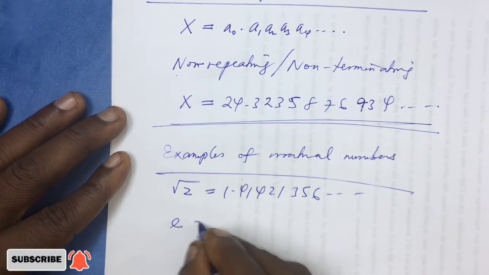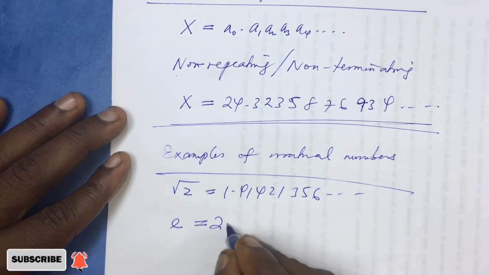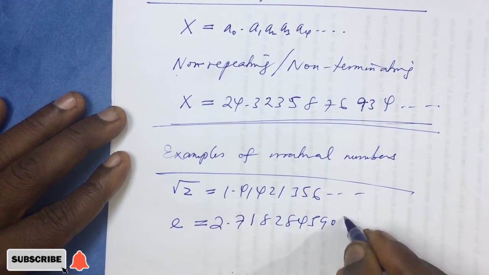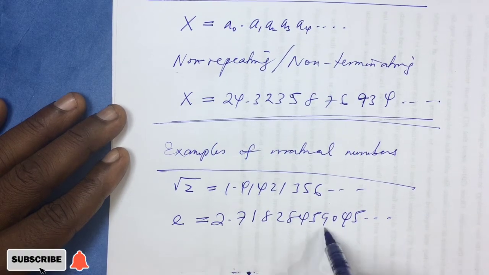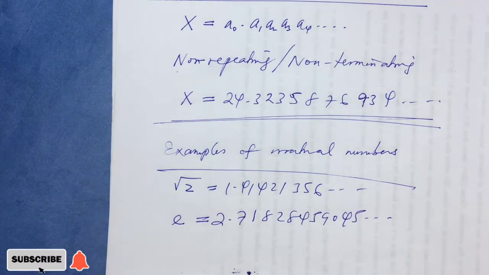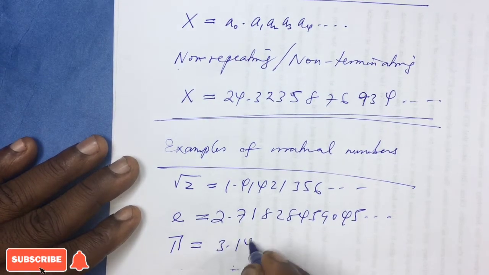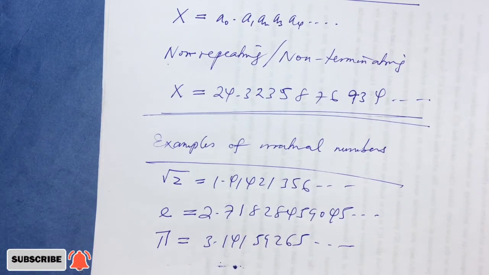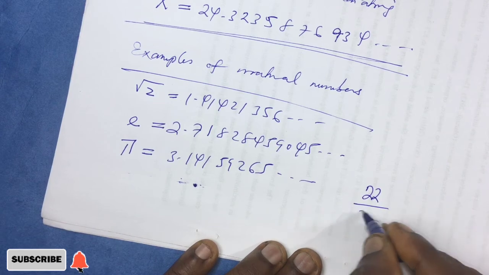Another example you could look at is e, the number e, called the exponential, 2.7182845945. You see it? So this number is also an irrational number. You can even look at pi, which is 3.14159265 and so on. And it is for this reason the closest number to pi is 22/7.